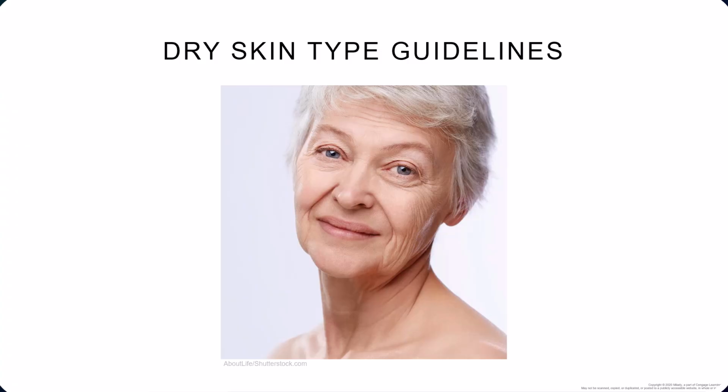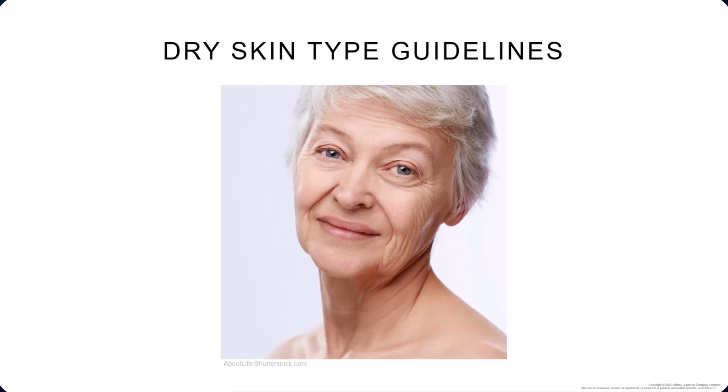So just remember that dry skin is an underproduction of oil, and it can be from genetics, it can be environmental. If someone lives in a cold, dry climate, it can also be hormonal, or as we've aged and maybe gone through menopause, our skin typically is going to be less producing of oil.